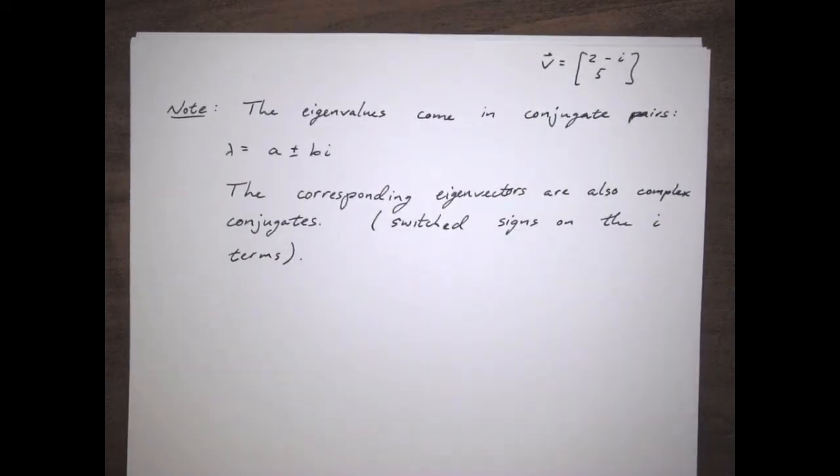So that's what it means to be a complex conjugate, is that the imaginary part, the part that has the i, becomes the opposite of what it was.